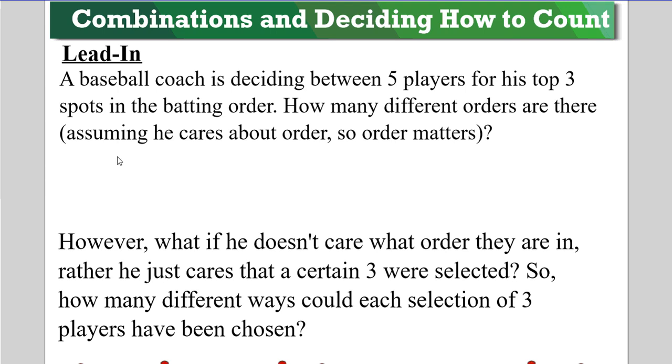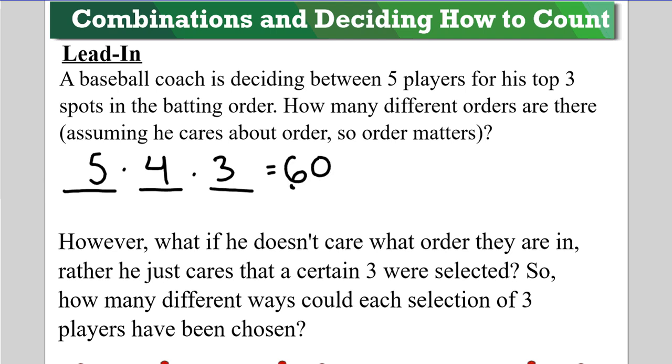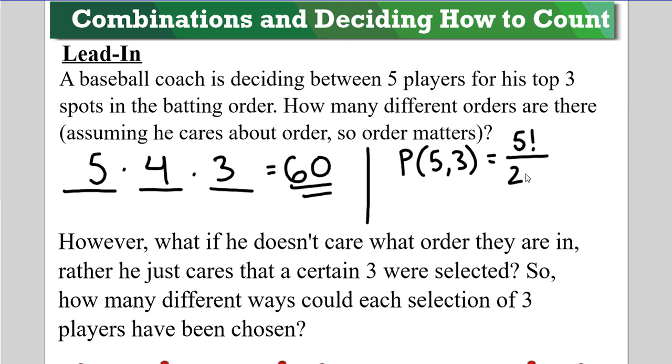Well, we talked about this last time. This is a permutation. There's a couple ways to do it. You can think through, there's 3 spots, 5 for the first, 4 for the second, 3 for the third. 5 times 4 times 3, that's going to be 60. And we said, oh, hey, that's a permutation. We can use the permutation formula or the calculator. From 5, you're going to be picking 3, which means you do 5 factorial, and you need to divide out the 2 that were not picked.